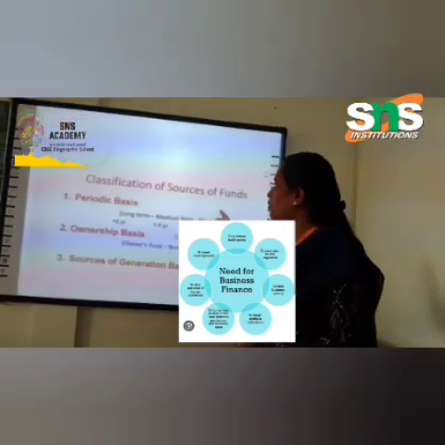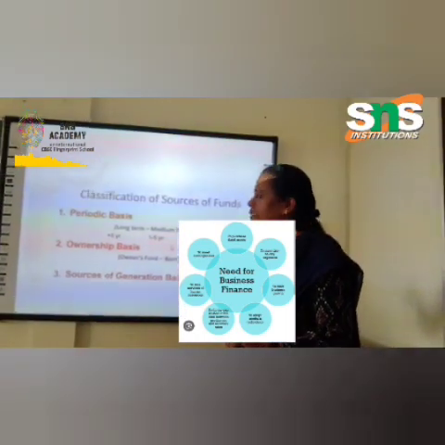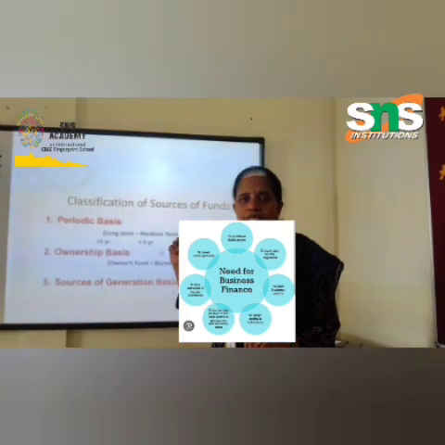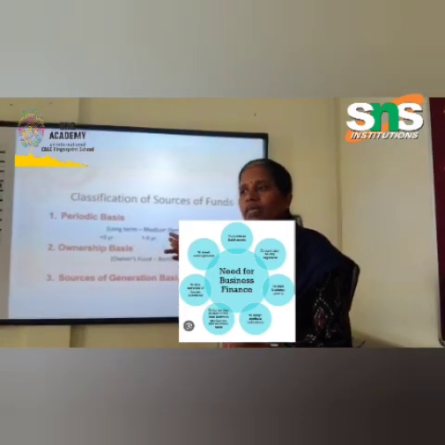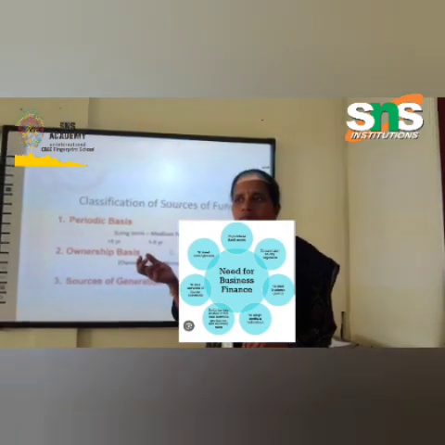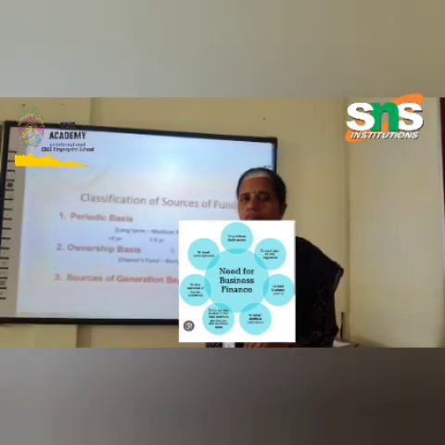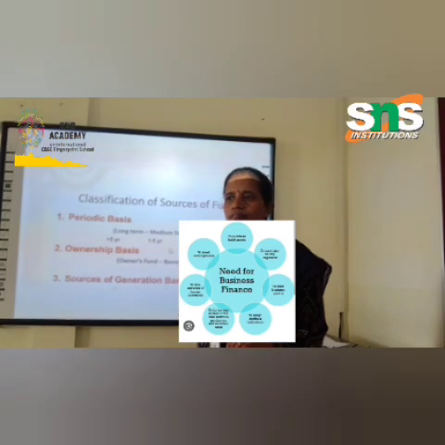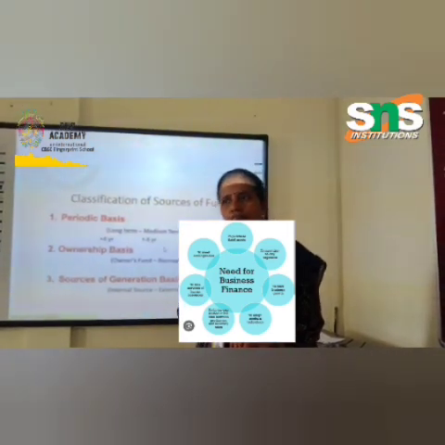If we look at the first one, the periodic basis, what are the three types of finance? Long term, medium term, short term. Right. Long-term sources fulfill the financial requirements of an enterprise for a period exceeding 5 years, and include sources such as shares, debentures, long-term borrowings, and loans from financial institutions.